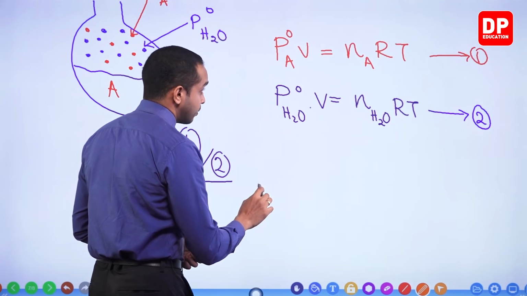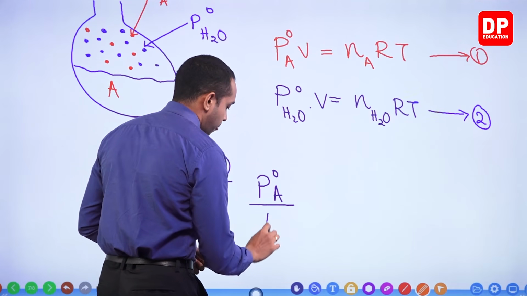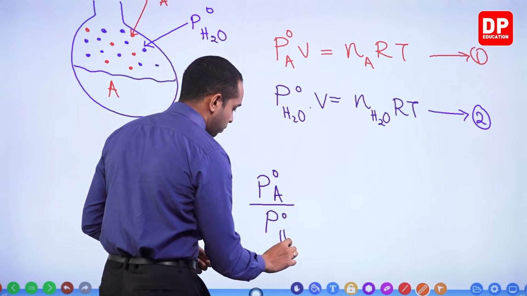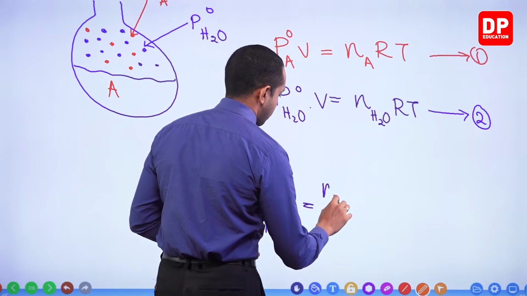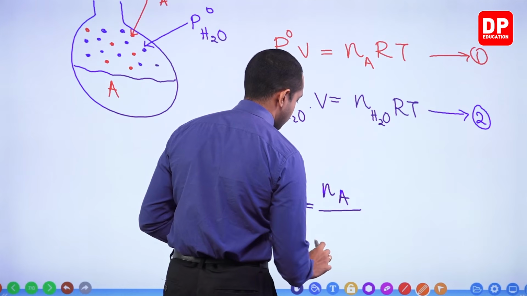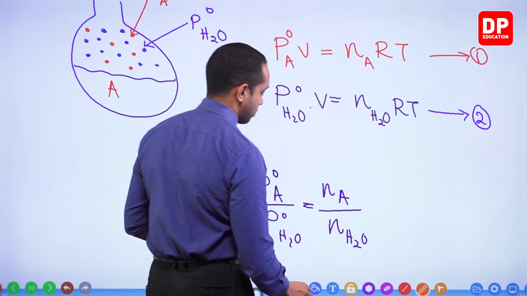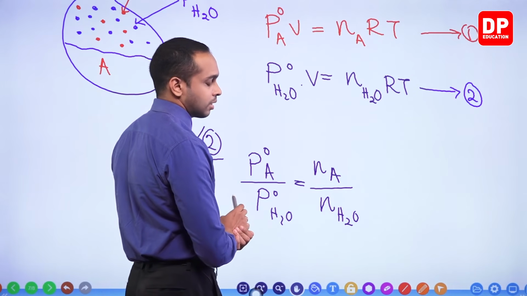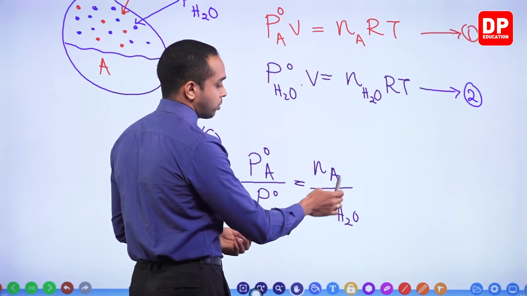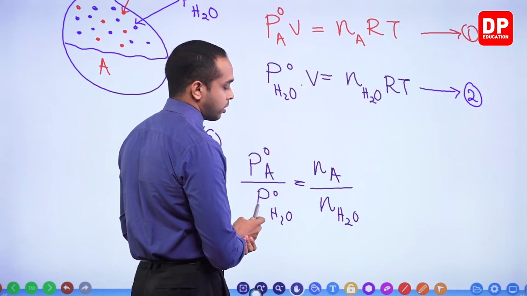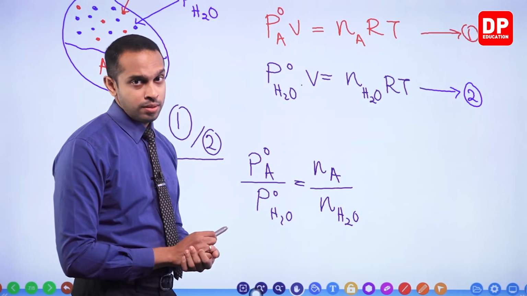So the final answer comes to P naught A divided by P naught H2O is equal to Na, the number of moles of essential oil molecules, divided by the number of moles of water molecules in gaseous state. Here essential oil molecules in gaseous state, here water molecules in gaseous state. Now this is the equation we are going to be left with.